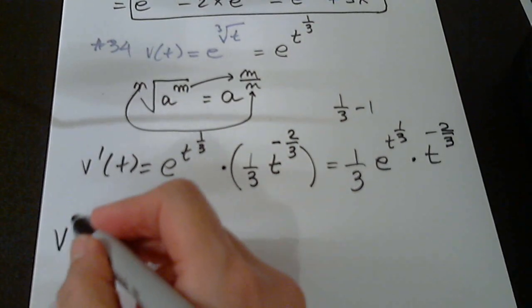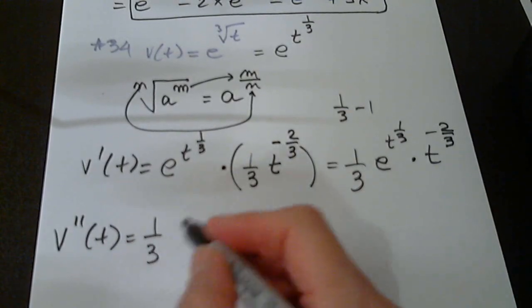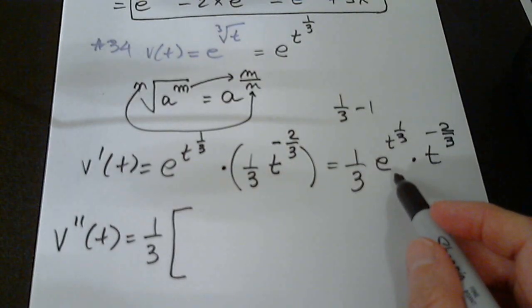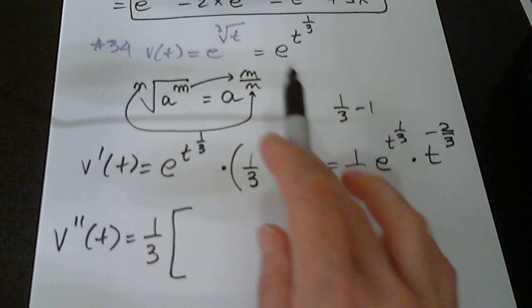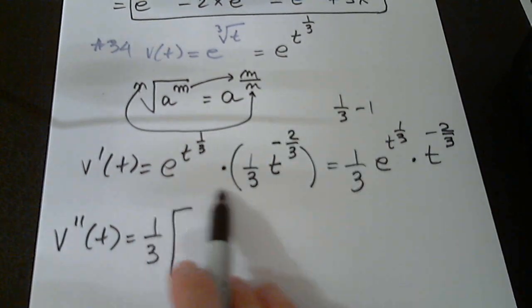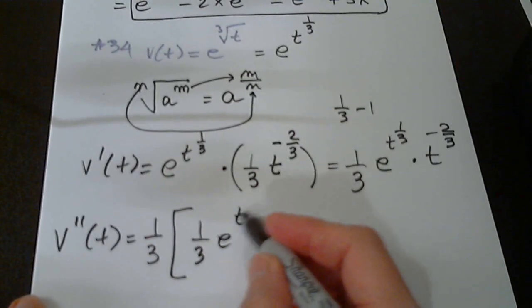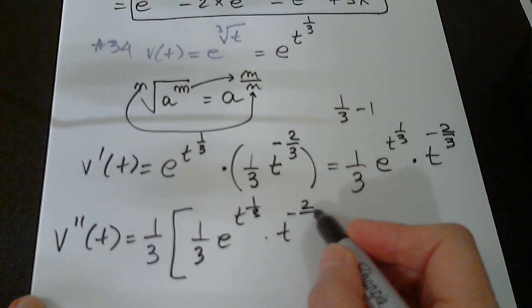So the second derivative, leave the 1/3 outside. We don't need it. The first function prime, I already have it here. We just differentiated this. It's all this. I'm going to copy it: 1/3 e to t to 1/3 times t to -2/3.